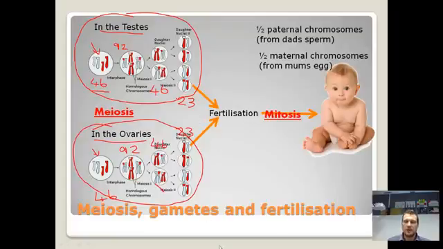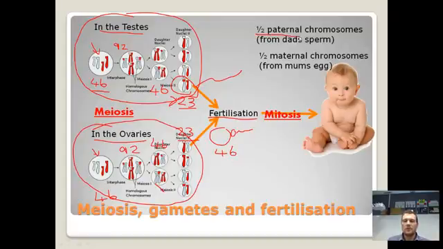Now, fertilization. What happens here is that one of these gametes, one of these sperm, let's put a tail on it, there's a sperm, is going to fuse with an egg in a process called fertilization. And when that egg and sperm fuse, we get 23 chromosomes from dad and 23 chromosomes from mum, making a total of 46 again.